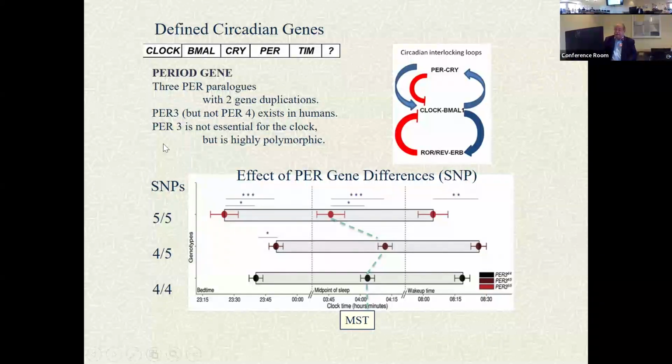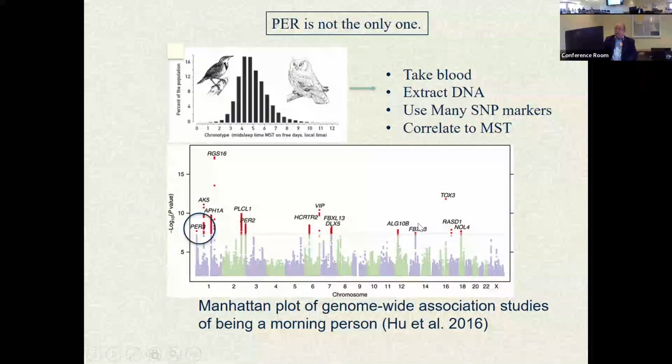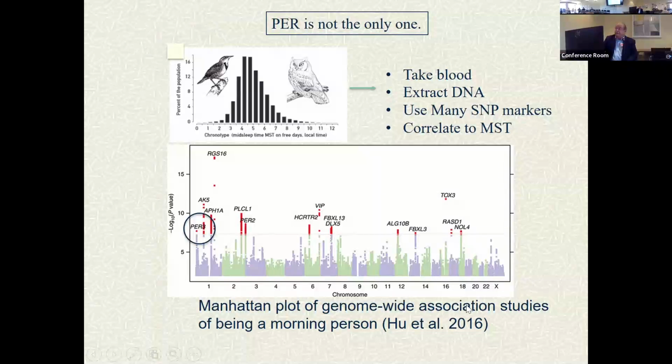These are interlocking groups for creating the circuit. PER is not the only one. So you've got your PER gene here, PER2 gene here, and you have other genes that people have detected in terms of SNPs. This is called a Manhattan plot on the bottom. Anybody know that? Have you ever heard that before?